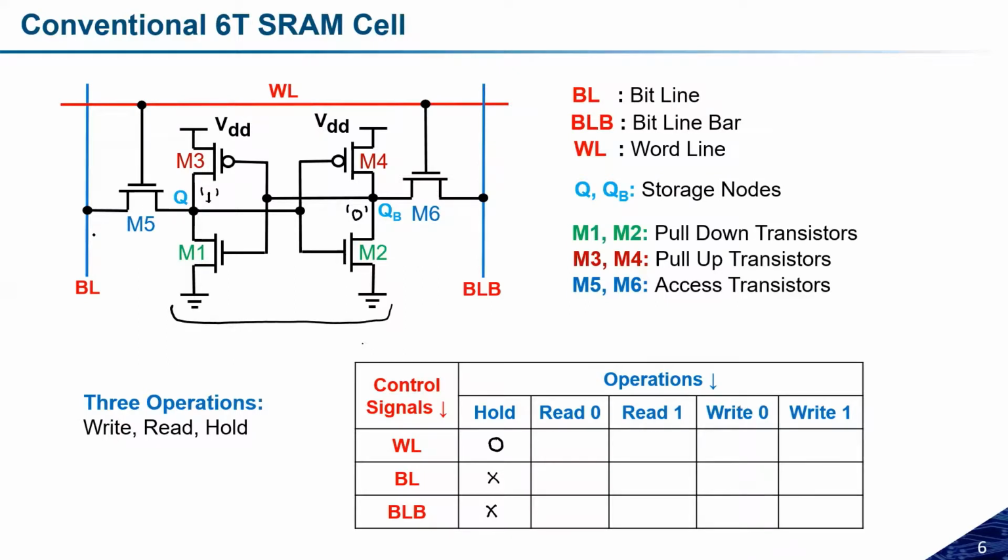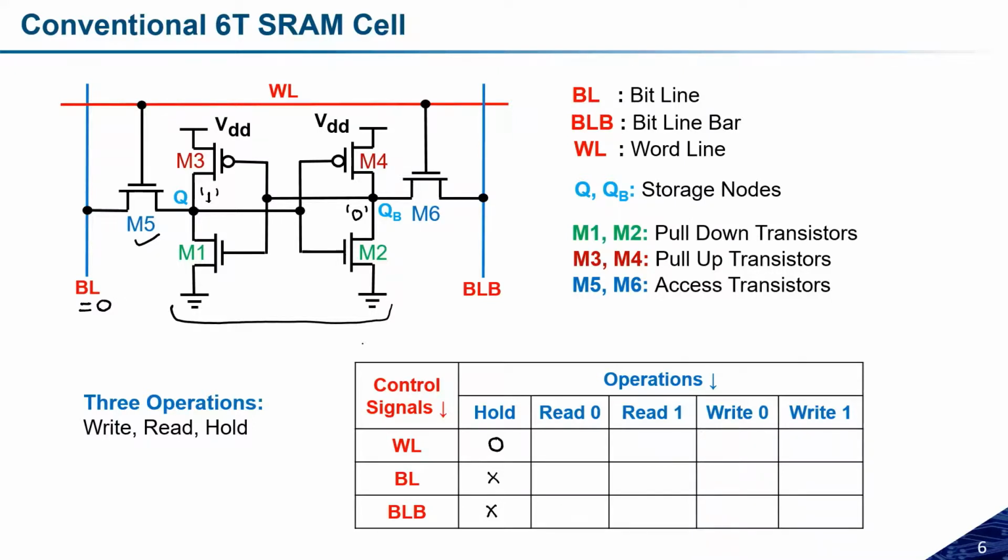Because I need to apply some external control signals to write 0. So what do I have to do? Suppose I keep this bit line equal to 0 and I have activated the M5 transistor.